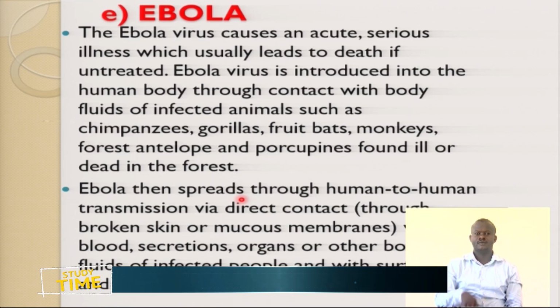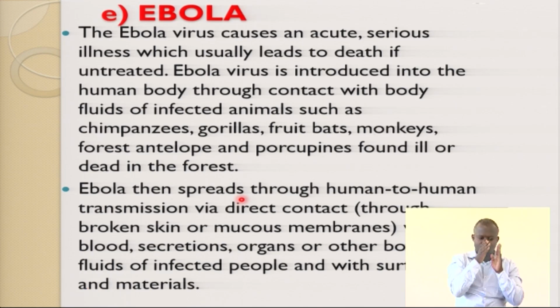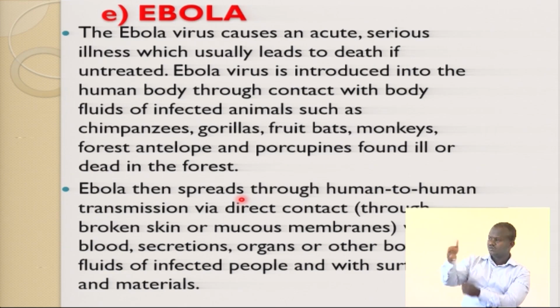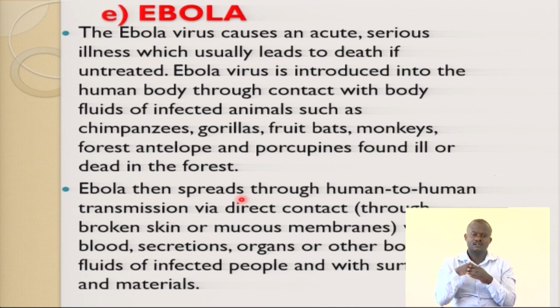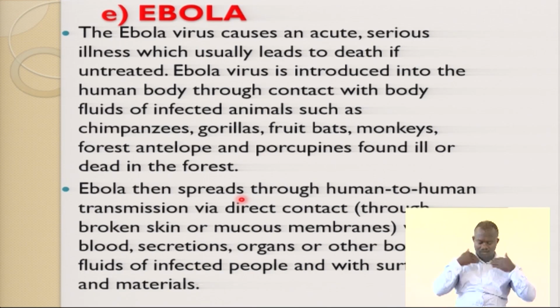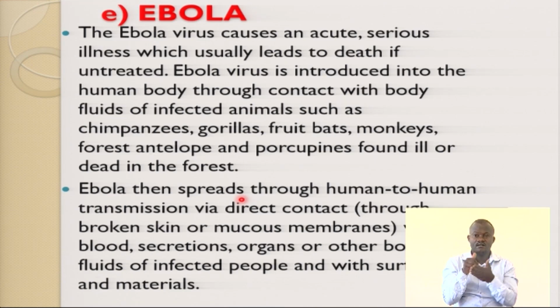Ebola then spreads through human-to-human transmission via direct contact. When you're in contact with a person who is suffering from Ebola, through broken skin or mucous membrane, or with the blood, secretions, organs or other bodily fluids of infected people, and even with surfaces and other materials contaminated by those fluids, you are likely to suffer from Ebola.